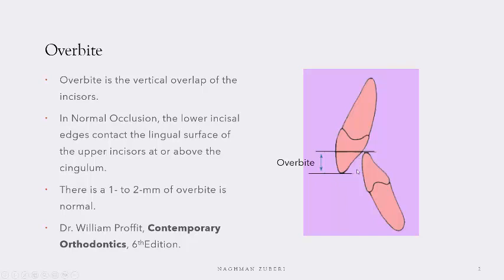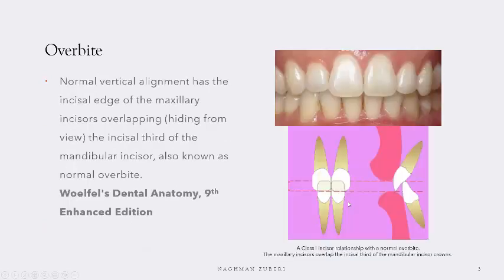So we can say that the overbite is about 1 to 2 millimeters, or in some of the books it says that the upper incisors cover the incisal third of the lower incisors, or just a little over 30%. That is from Wheeler's Dental Anatomy, 9th enhanced edition.